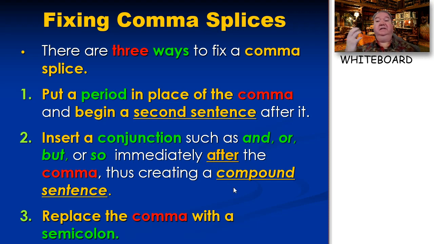So you have a sentence, comma, conjunction, sentence. That's a compound sentence. Or you could simply replace the comma with a semicolon to keep it as one sentence, and to put just a little pause there, but you don't need to put a period.